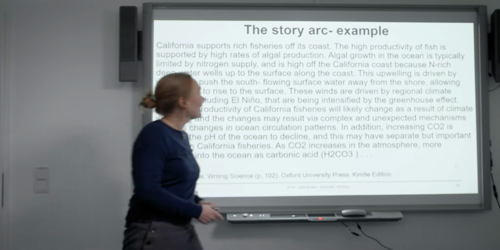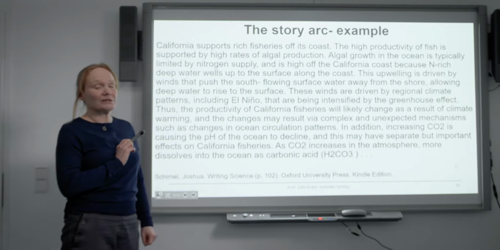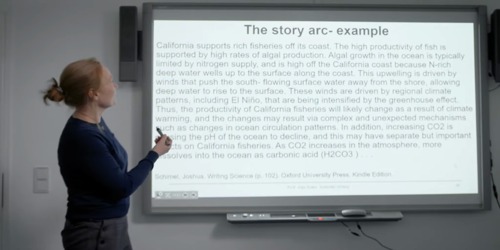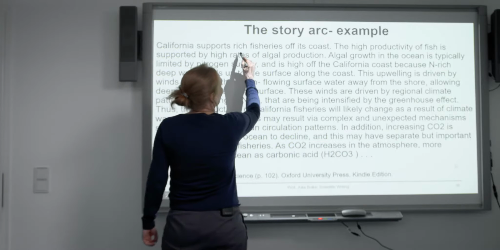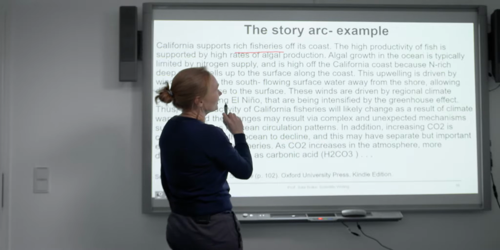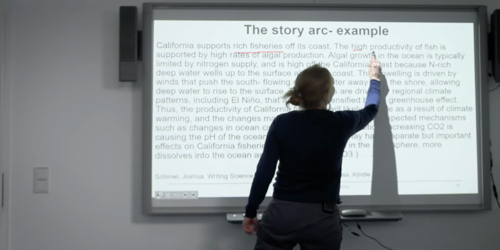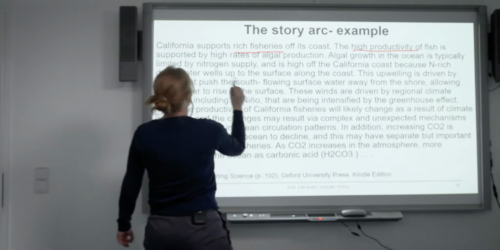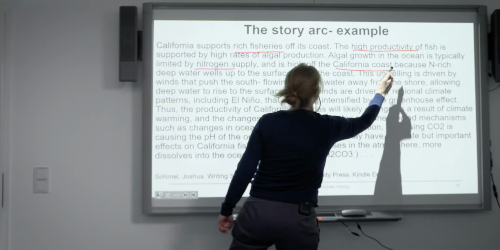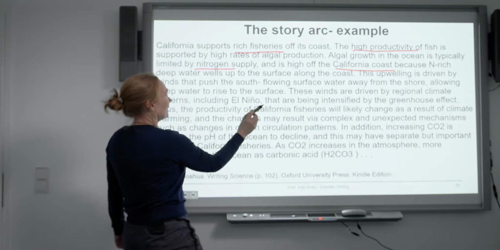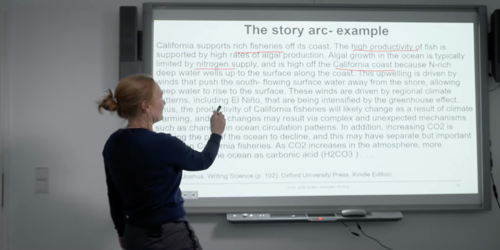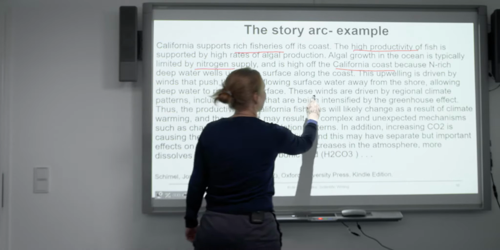Actually, I'm going to highlight now some of the important words in here. This is how we dissect a paragraph like this. So I highlight the topics, the topic subjects, and you will see some of them here: that allowing deep water, that these winds are driven by regional climate patterns, including El Niño.